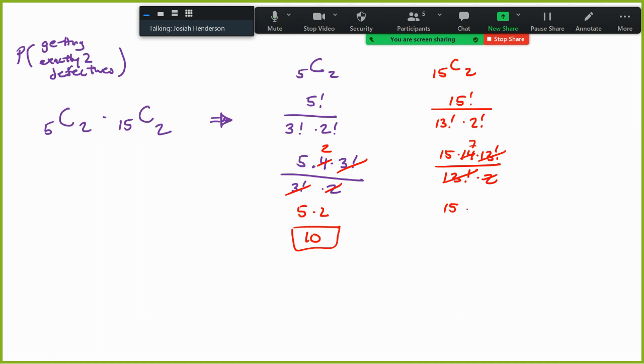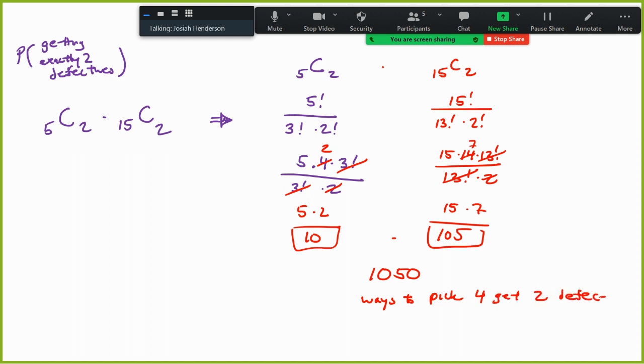So 15 times 7 is 105. Okay, now we combine these. Remember, we're multiplying these two combinations together. So 10 times 105 is 1050. This is how many ways there are to pick 4 and get exactly 2 defectives.